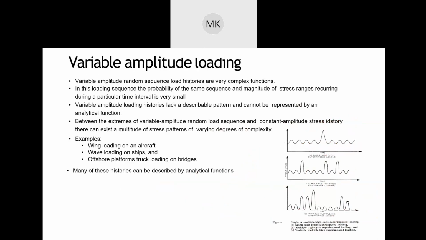So in terms of variable loading, this is generally how all the test loading is going to happen. Any structure that you take is not going to have 100% of the loading at the same rate all the time. Even if you take a car, or anything that you use on a day-to-day basis, there are times when you're going to use it in a normal way.